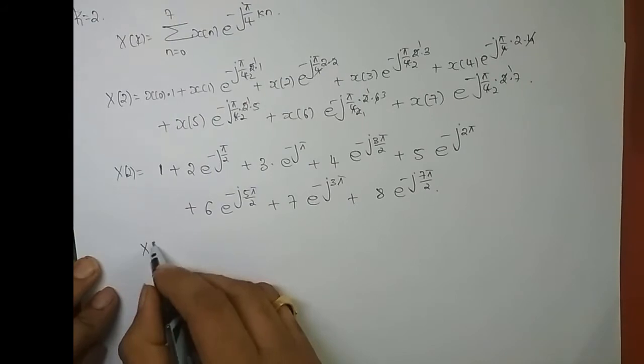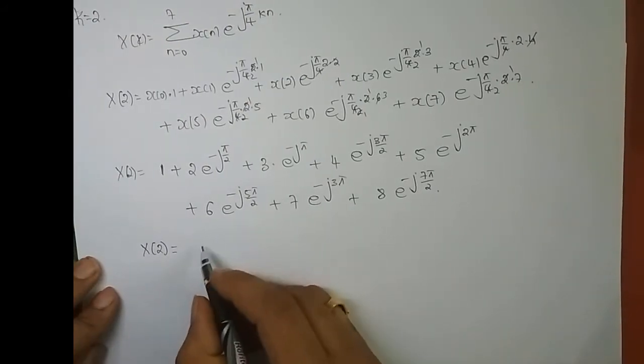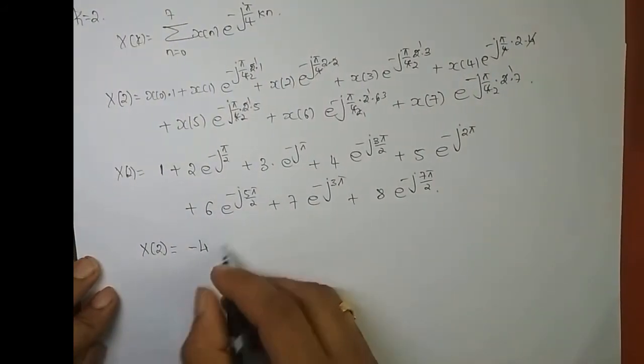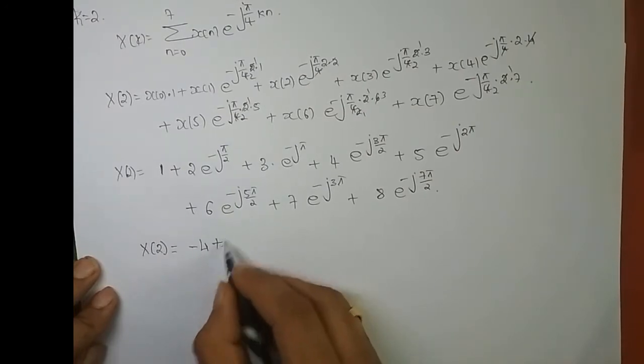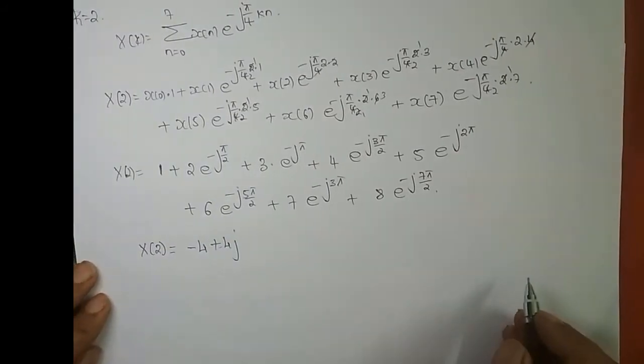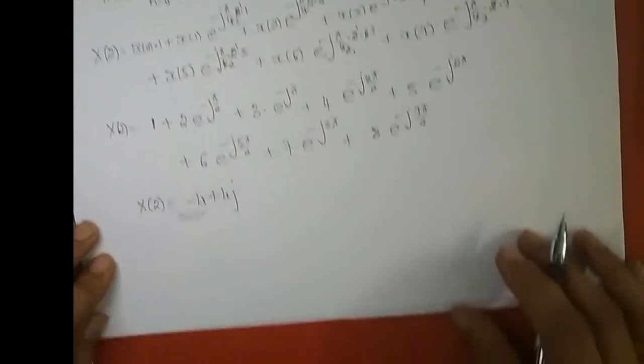After simplifying this, what we get is x of 2 is equal to minus 4 plus 4j. Okay, this is our x of 2.